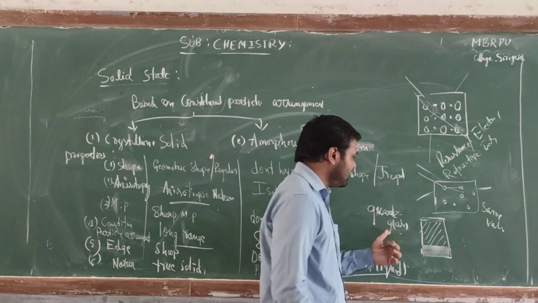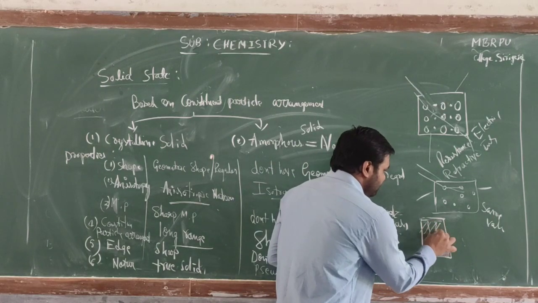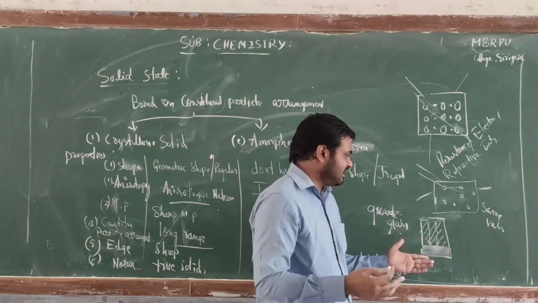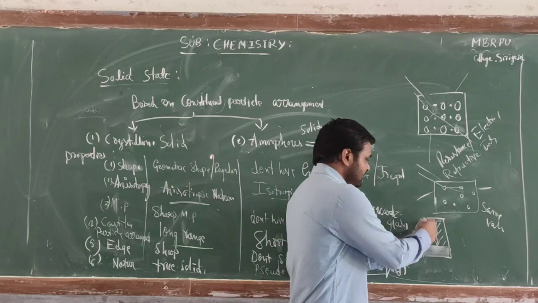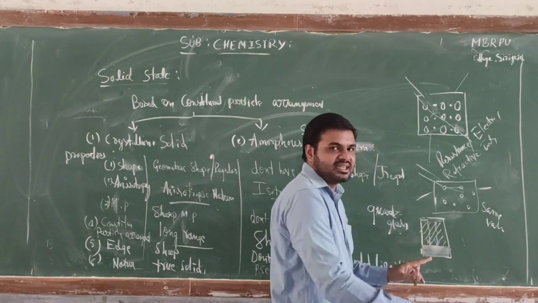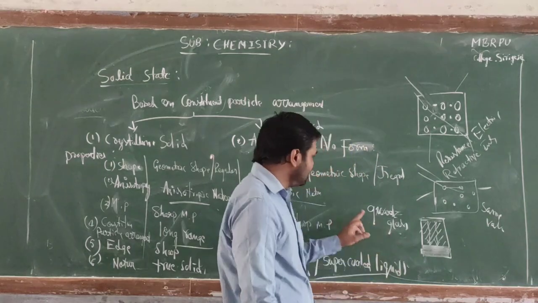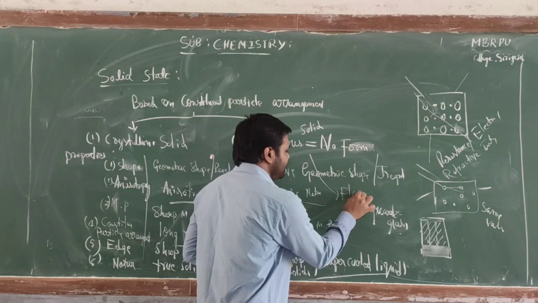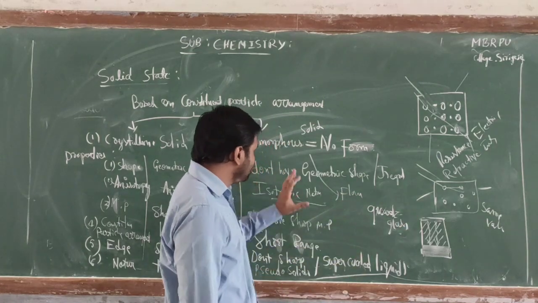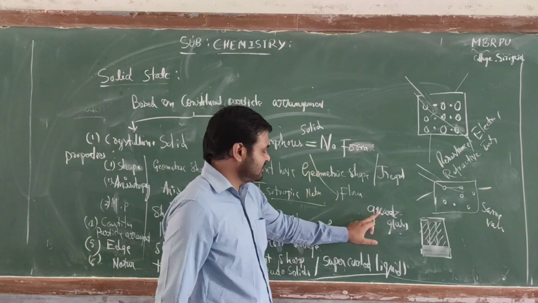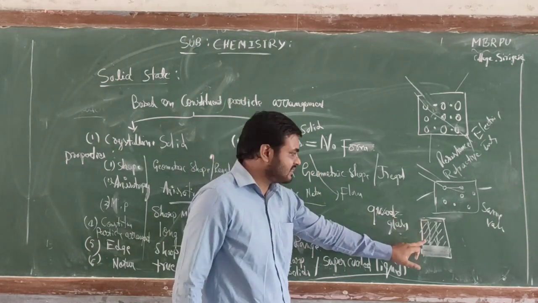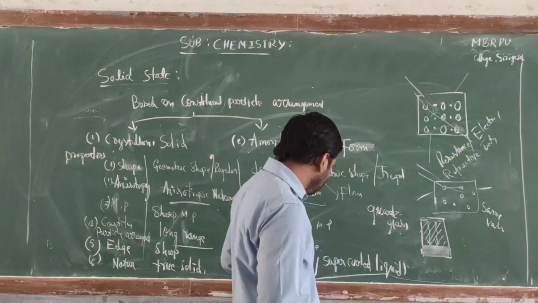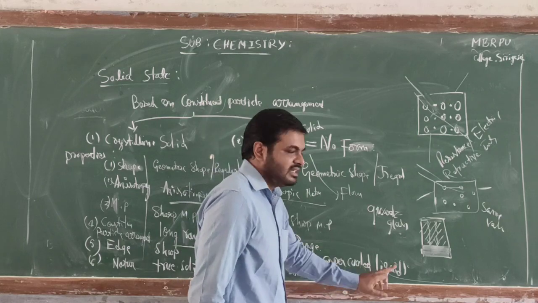Because of the glass material, it can flow. After so many years, the glass material moves to the bottom part. That's why one of the natures of amorphous solids is that they can flow, they are fluid. Quartz glass, the top becomes thin and the bottom part becomes thicker. This is called super cooled liquids.